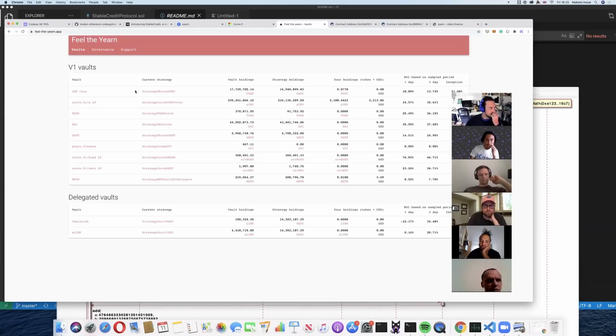But if we look at the TUSD one, for example, that one just converts TUSD into Curve LP tokens and then puts that into the Curve LP vault, so it does not have a harvest. This is often a place where people get confused about the 5%, what I like to call a harvest fee, but other people call a performance fee.